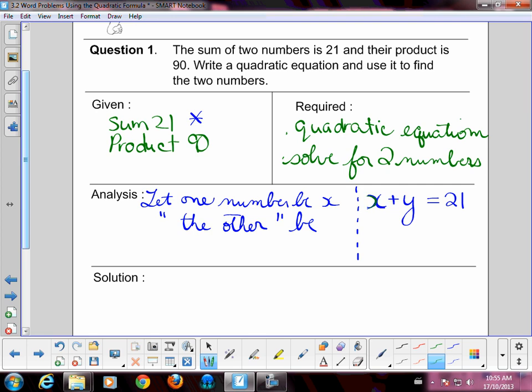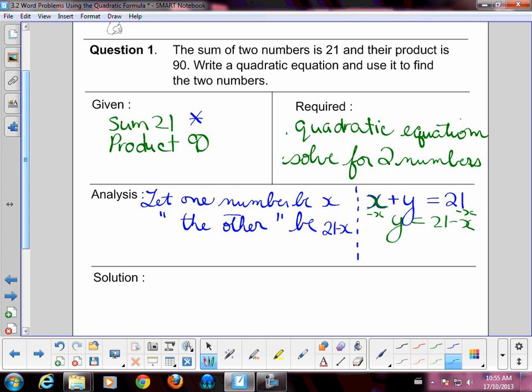If we have x plus y equals 21, we solve for y by subtracting x from both sides, and we get 21 minus x. So the other number is 21 minus x.